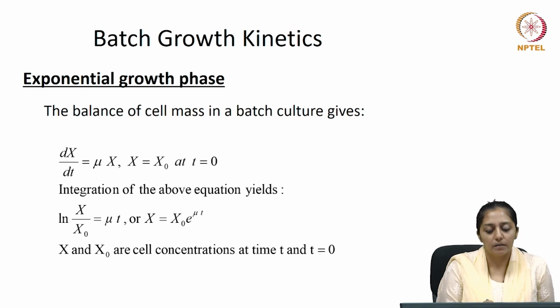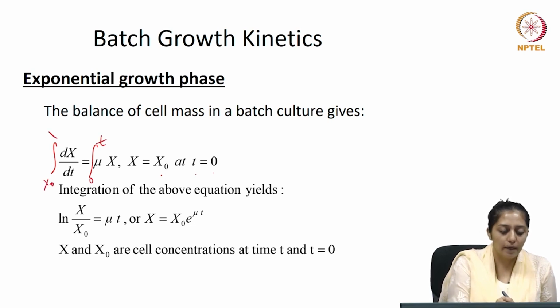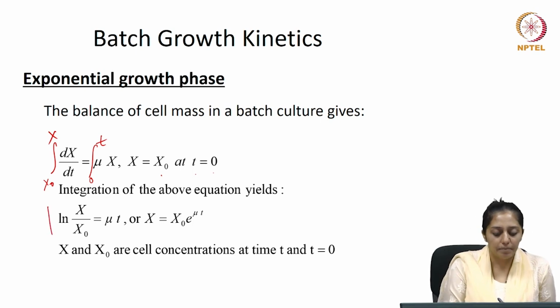It is assumed that the cell concentration is x naught at time t equals 0, which means at the beginning. Now, if we integrate from 0 to t and from x naught to x, we end up here.